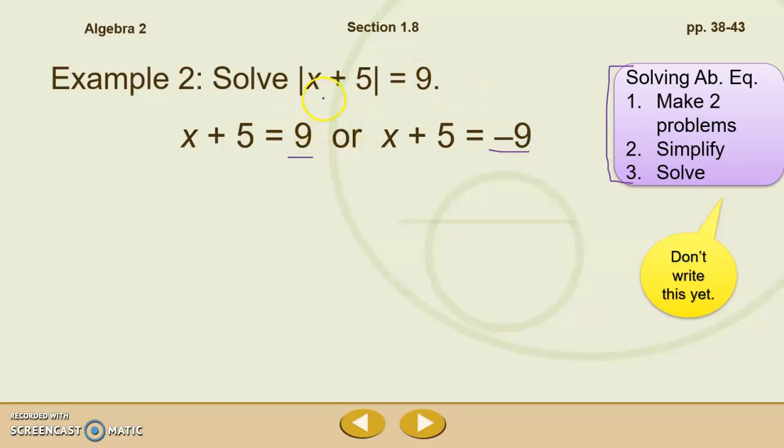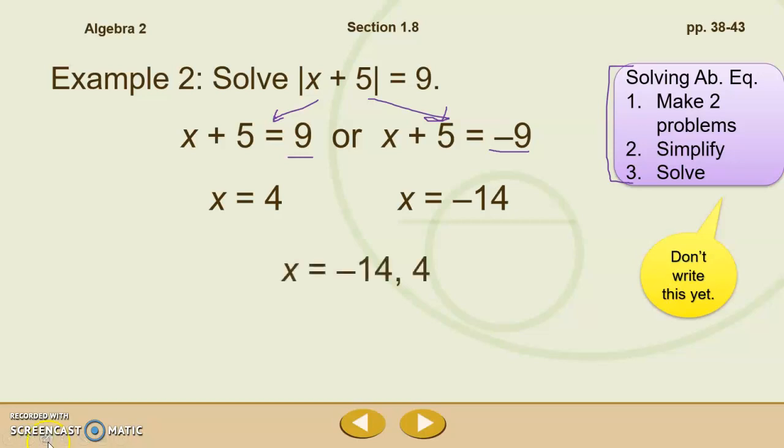So the first thing I'm going to do is write this as two equations, one equal to the positive 9 and one equal to the -9. After I've done that, I'm going to follow my steps of algebra to simplify and solve for x, and I find out that x equals either 4 or -14. If I were to plug both of those back into the equation, both of those numbers would get me something that has an absolute value of 9, which is where we started.